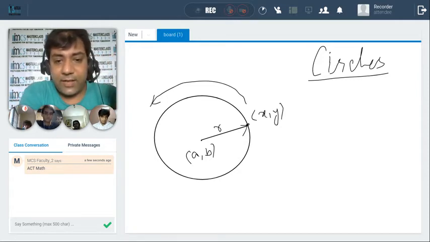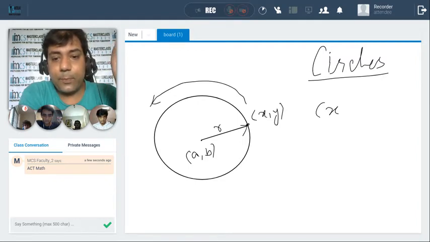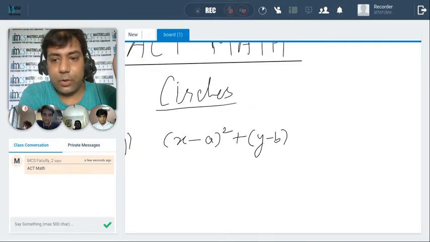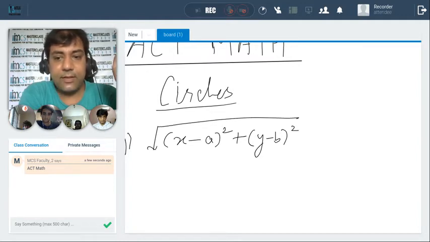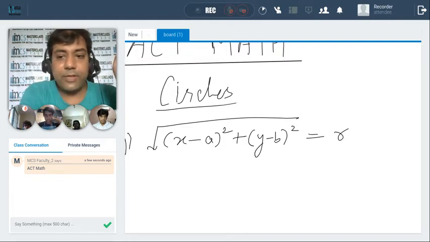From the definition itself, this x and y are the points which are going to travel. So the distance from a fixed point is the square root of x minus a whole square plus y minus b whole square. From the distance formula, this is the distance. It is always a constant, and let me put this constant as r. This constant is called the radius.